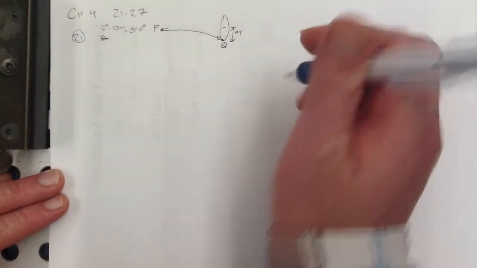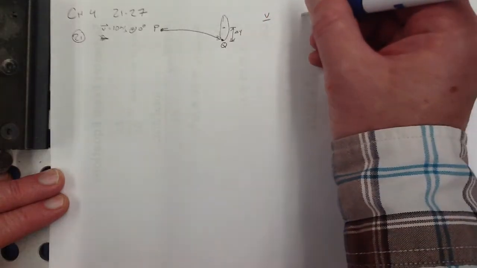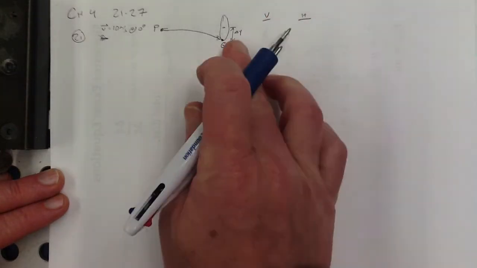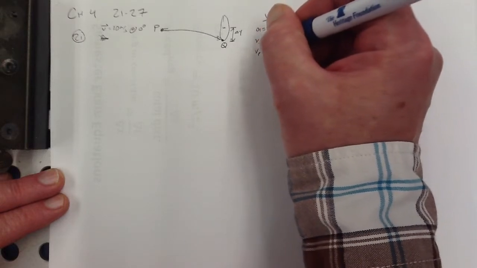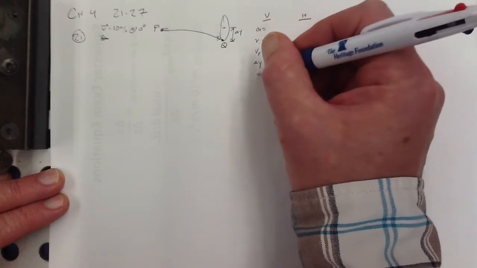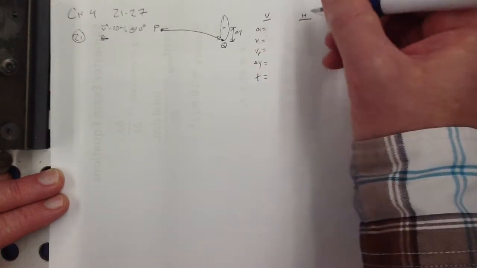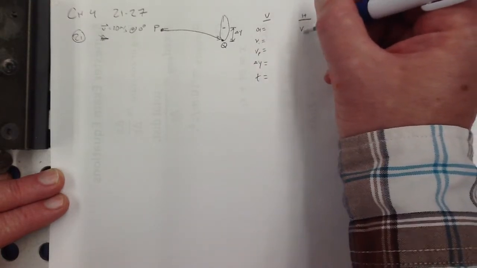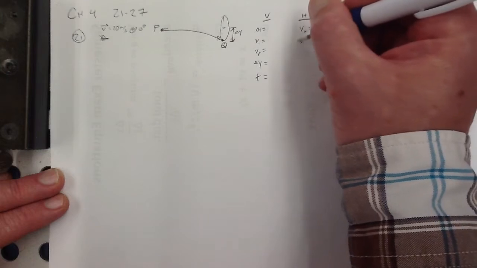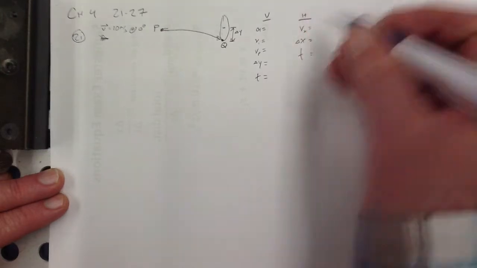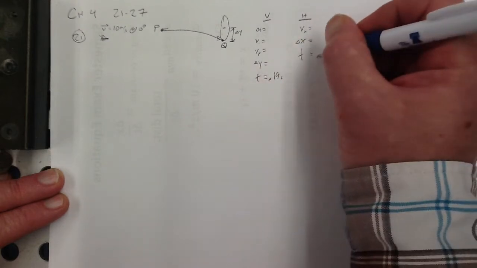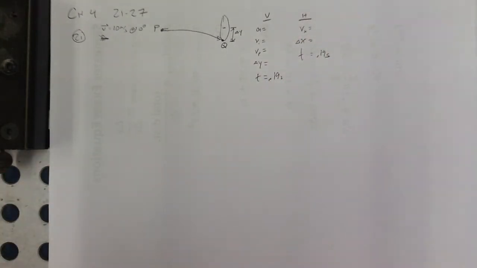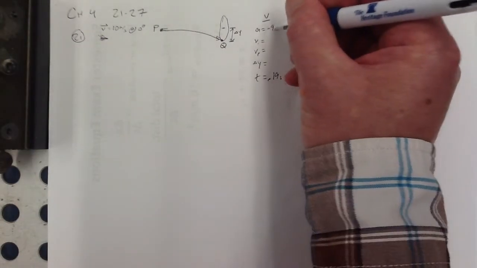So let's just set up our horizontal and vertical and see what we know, and then we'll take it from there. So there's my vertical variables. Here I've got those. These are the same time, and I do know that. All right. What else do I know? Of course I know this.